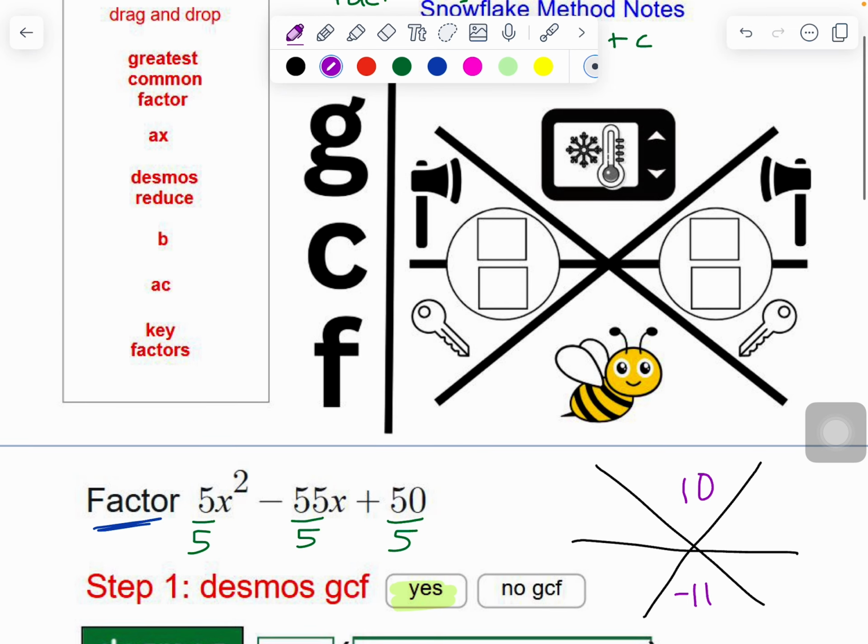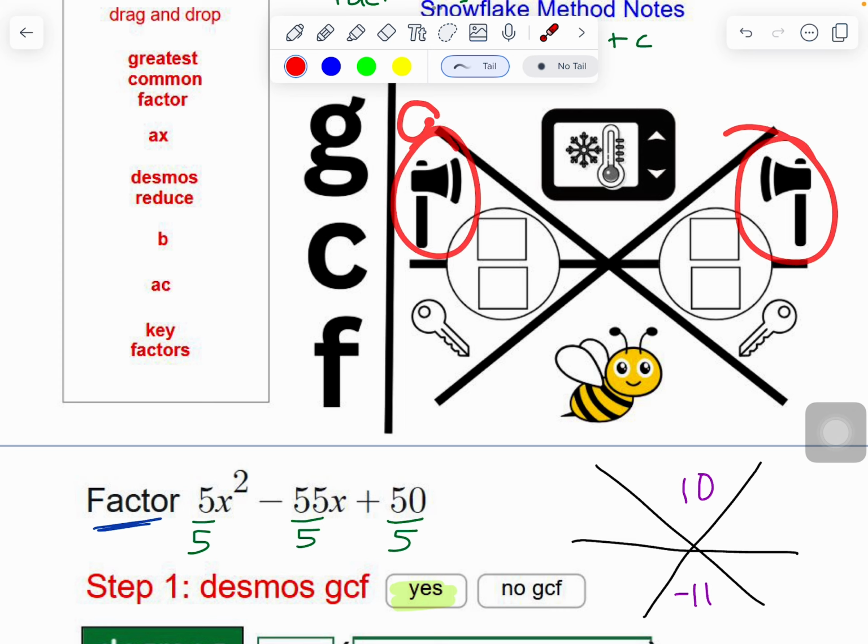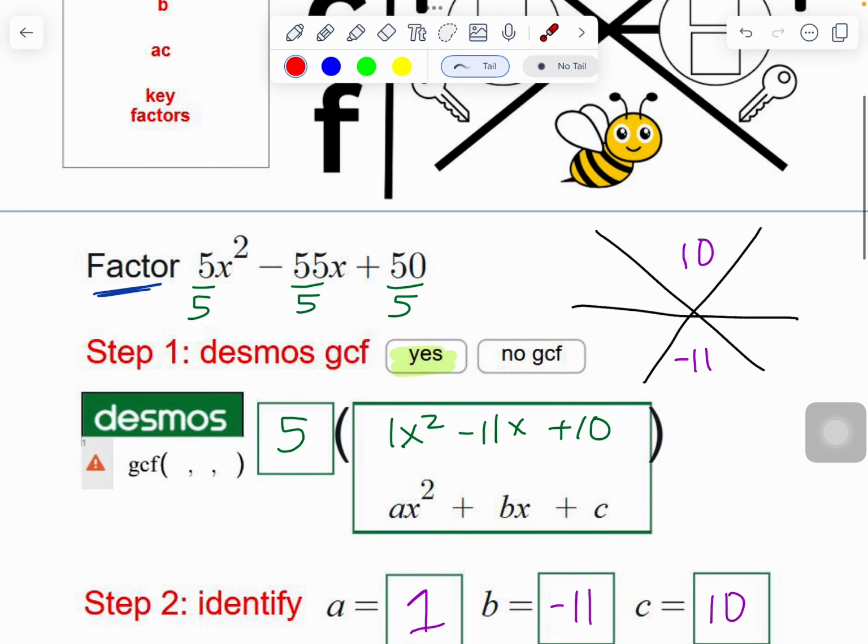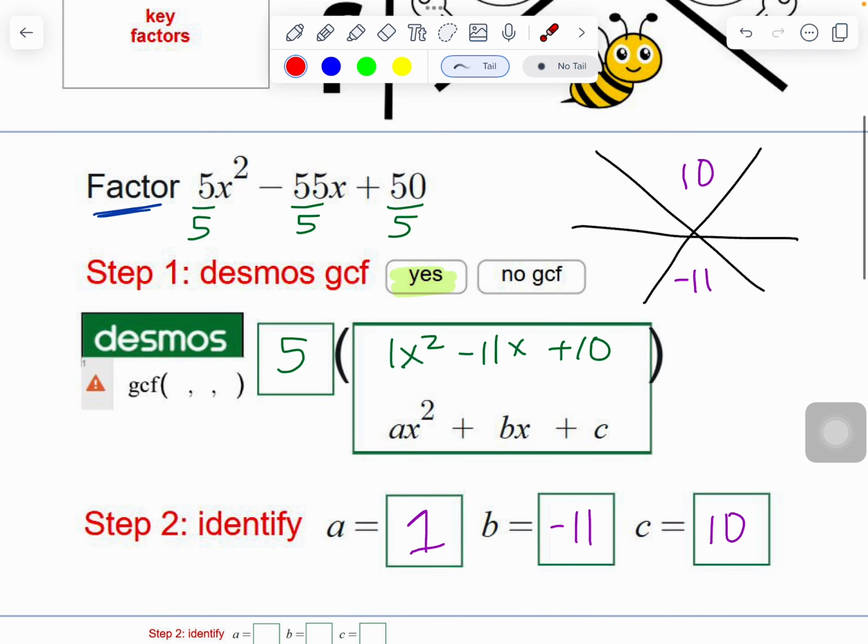Next, I go up here, and we're going to do these Ax's. Ax is just A x. Well, I know what A is, right? A is 1, and I'm going to put an x on it. So 1x, 1x. Remember, this is the first time you're seeing this, so it's going to be a little complicated at first.